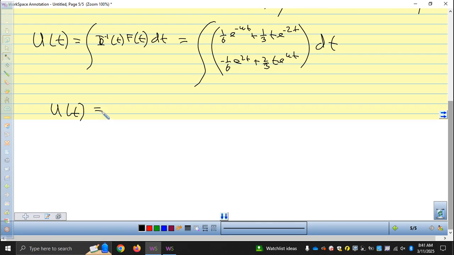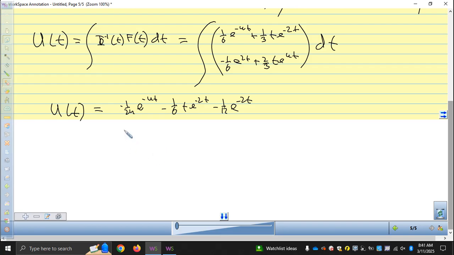U of t is negative 1/24 e to the negative 4t minus 1/6 t e to the negative 2t minus 1/12 e to the negative 2t for my first row.